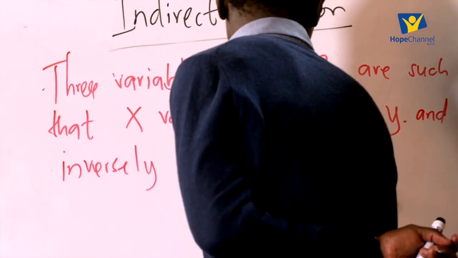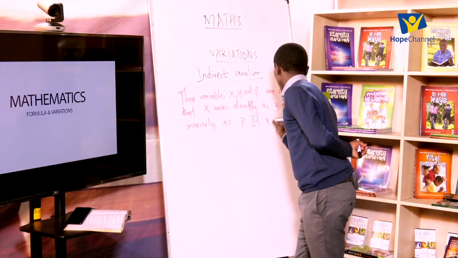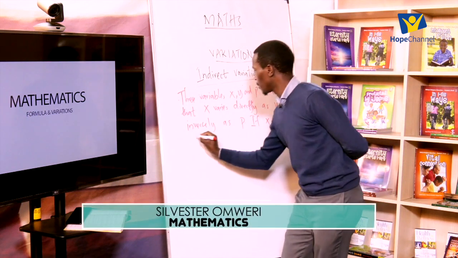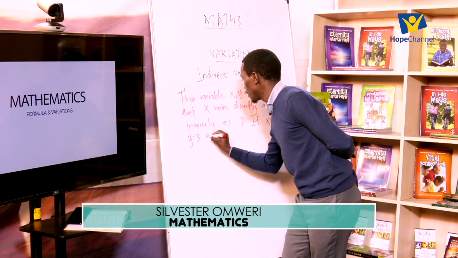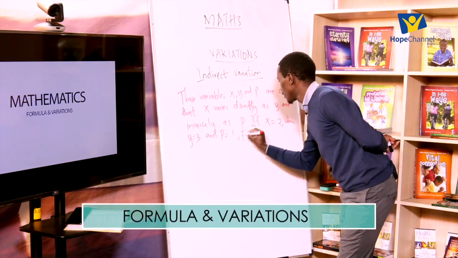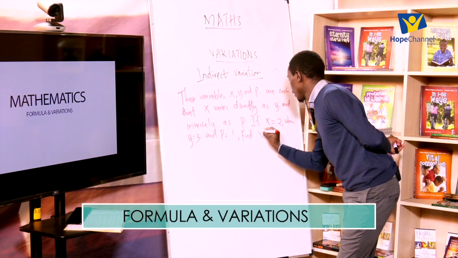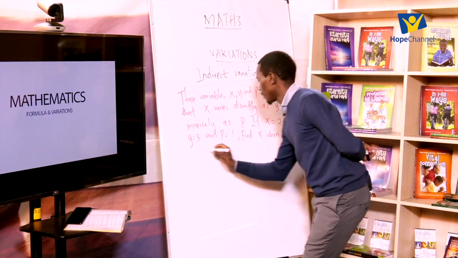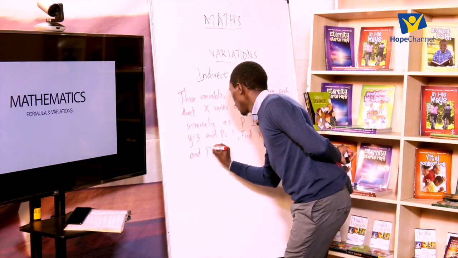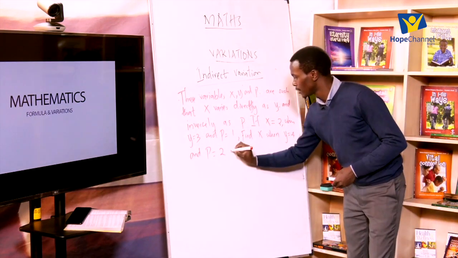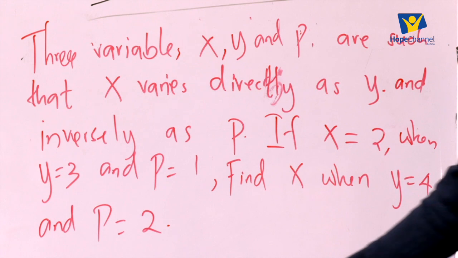So we are supposed to find, also if x is equal to 2 when y is equal to 3 and p is equal to 1, find x when y is equal to 4 and p is equal to 2.